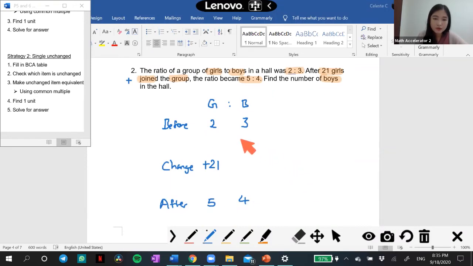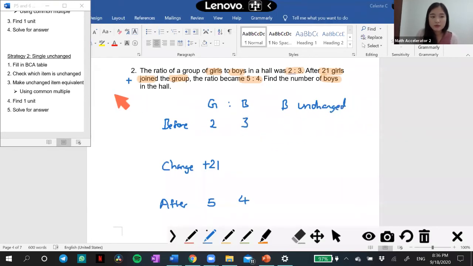Now tell me, girls or boys unchanged? Okay, boys are unchanged because girls you have a plus 21 here. Boys, nothing happened, so boys unchanged.